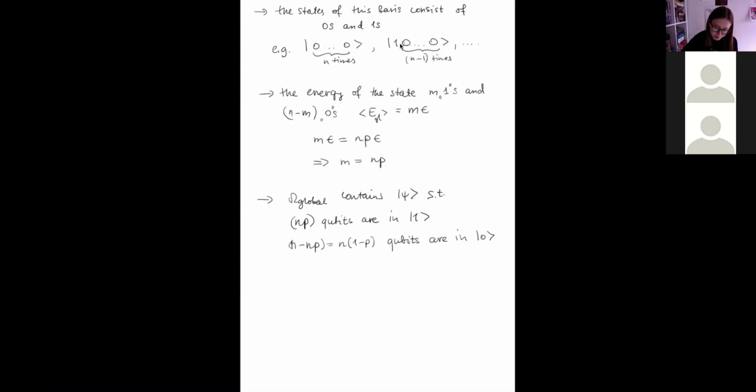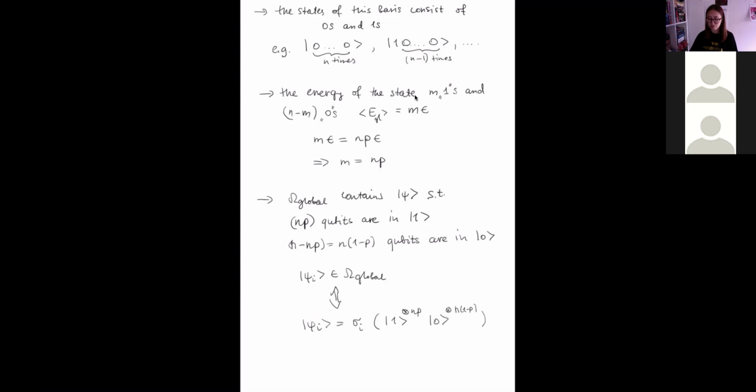Which means that, using some combinatorial permutations, we can say that these states psi_i, which belong to this omega global, are the states psi_i, which is some permutation which we label as sigma_i of the qubits in the state 1 tensor product Np times, 0 tensor product N(1 minus p) times.